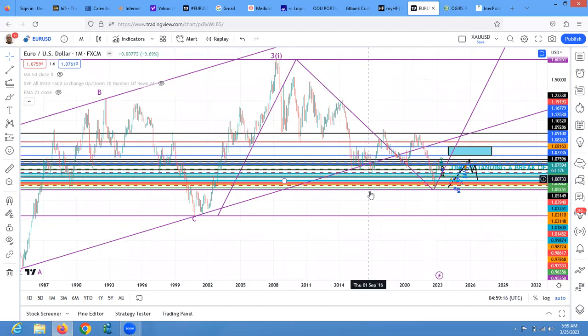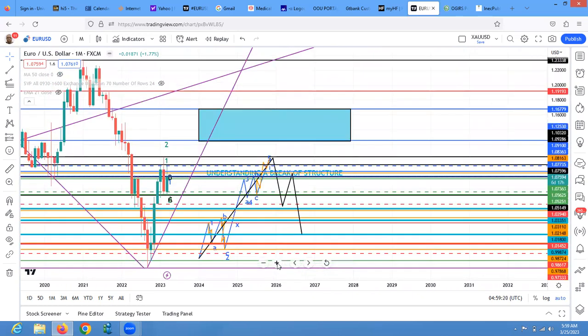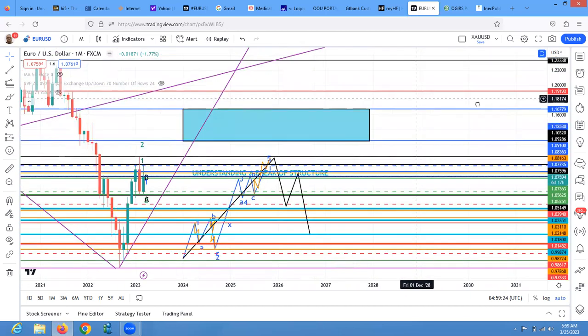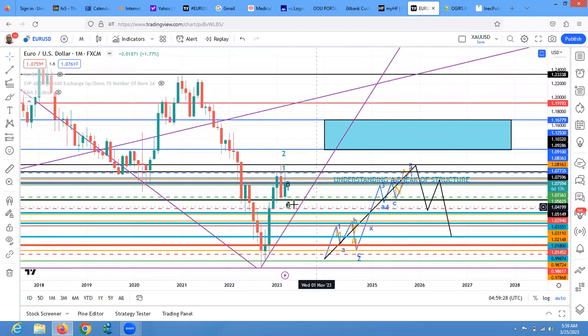So having said that, on the monthly, let me zoom on the monthly. So on the monthly, it is yet to take out this structure. This is what we are aiming for now, to take out the structure in red that the bears forced the price to do a correction.